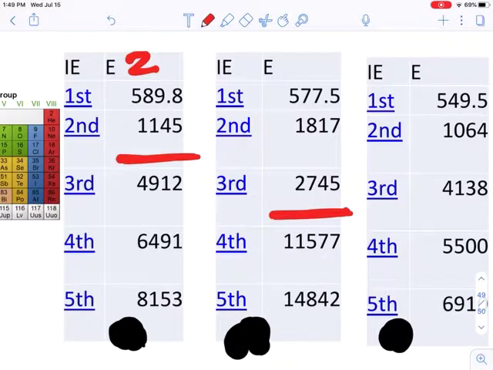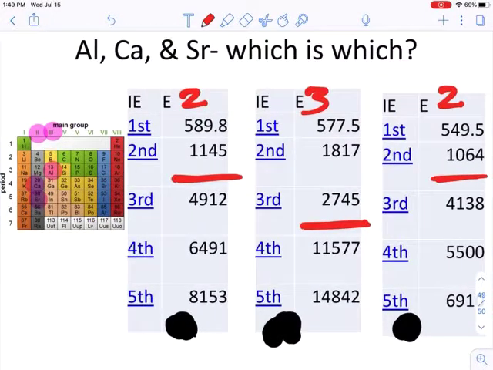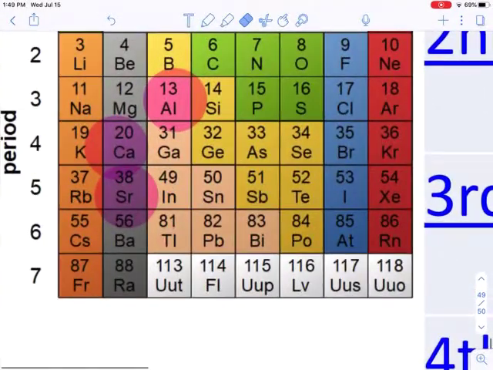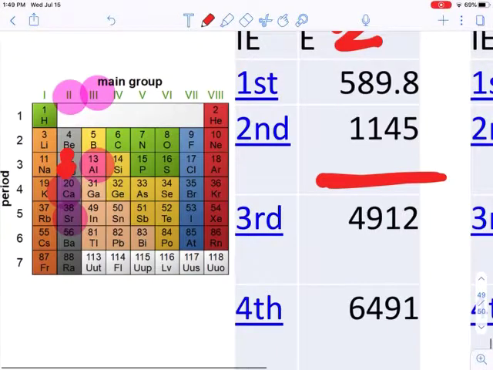It looks to me like there's a huge jump here between 3 and 4, so that would be a 3. And it looks to me like there's a huge jump here, so that would be a 2. So consequently, this one has to be the aluminum, and of course it is, because it's the only one of those that's a 3.